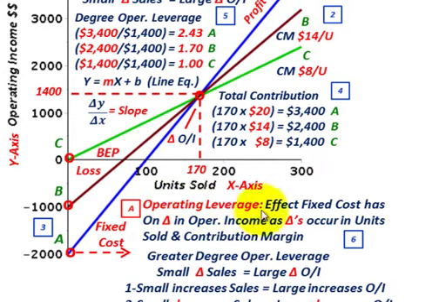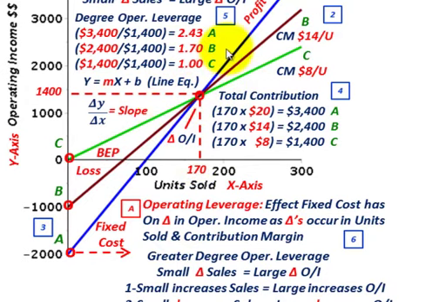Okay, so now let's go over this again. Our operating leverage, really, it's the effect of the fixed costs, those fixed costs that we looked at for those three different alternatives, and the effect that these fixed costs have on the change of operating income. That's based on the changes that occur in your units sold and that contribution margin.